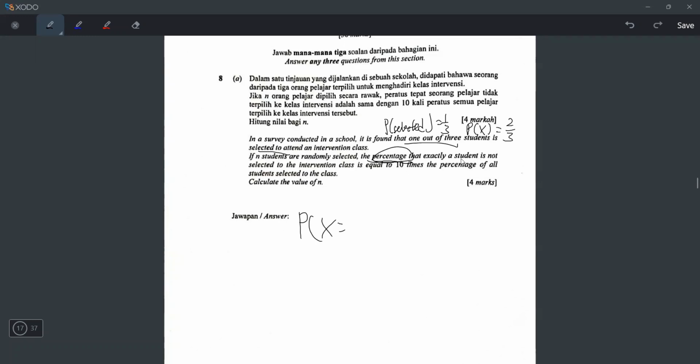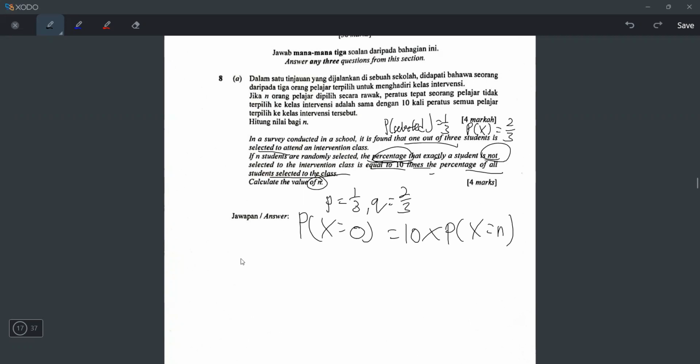The percentage that exactly a student is not selected is equal to 10 times the percentage of all students selected. Okay, for this case, you can take your p anyone you want also can. Let's say you can take p is for selected, and then the q is 2/3. Then if you write like this, then it will be px equals 0 because they say not selected is equal to 10 times percentage for all students selected. So px equals to n like that.